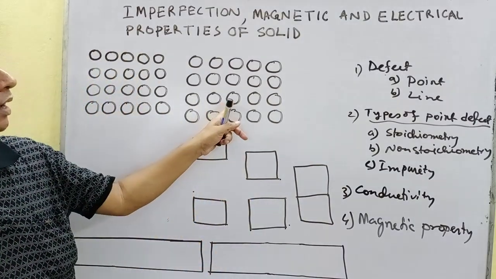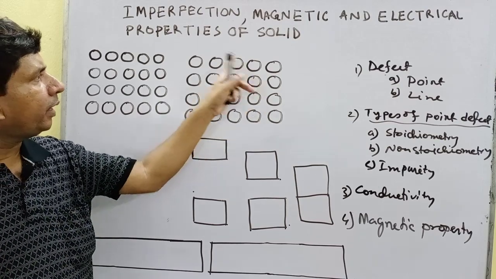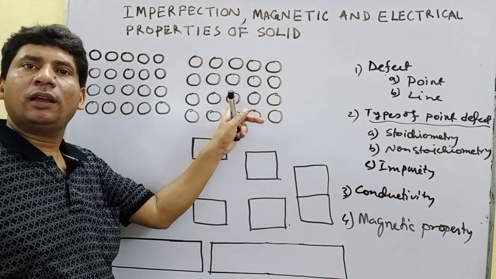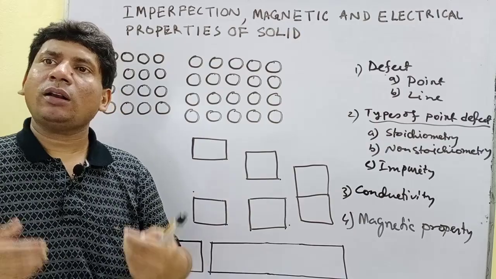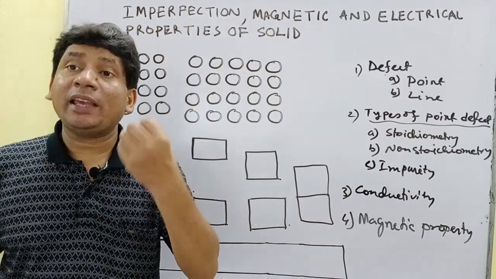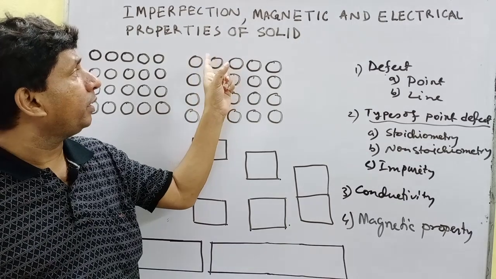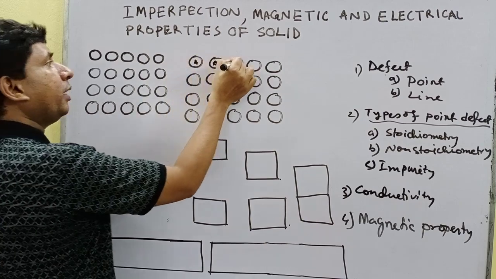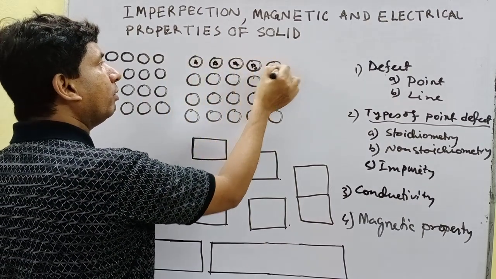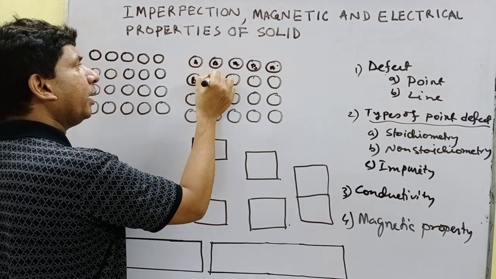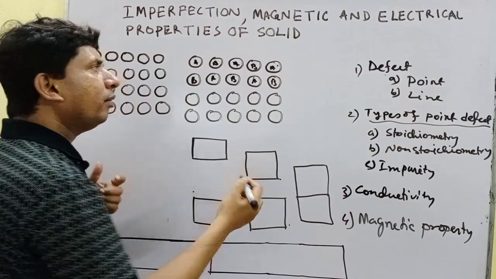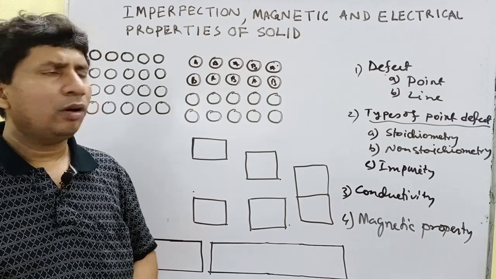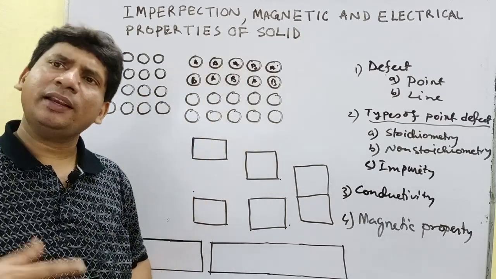If we consider this is a point, then if anyone around this point, in its surroundings, is missing or there are some irregularities, A, B, A, B, A, then A, B, B. Now, if anyone is missing or anyone is disturbed from any point, then it will be a point defect.